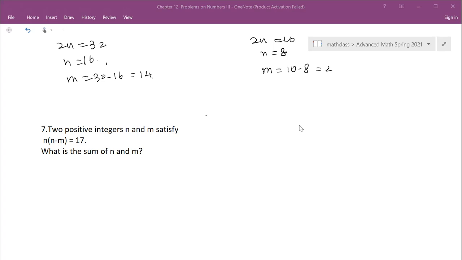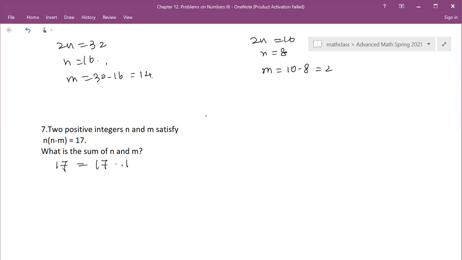So 17 is a prime number. The only possible way you can express 17 is 17 times 1. That's it. That's my hint.